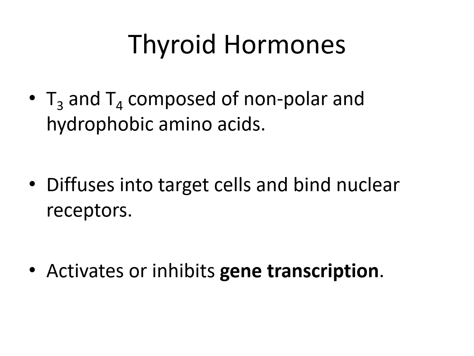However, T3 and T4 are composed of nonpolar, hydrophobic amino acids, so it's unusual as a hydrophobic protein hormone. Because of its chemical nature, it can diffuse into target cells and bind nuclear receptors without having to bind to receptors on the cell surface membrane. Within the nucleus, it can activate or inhibit gene transcription.